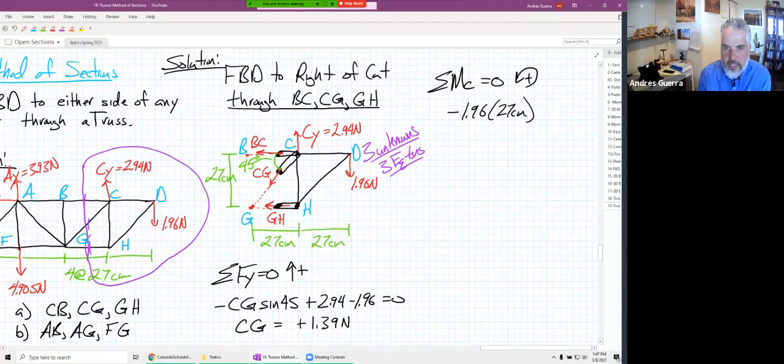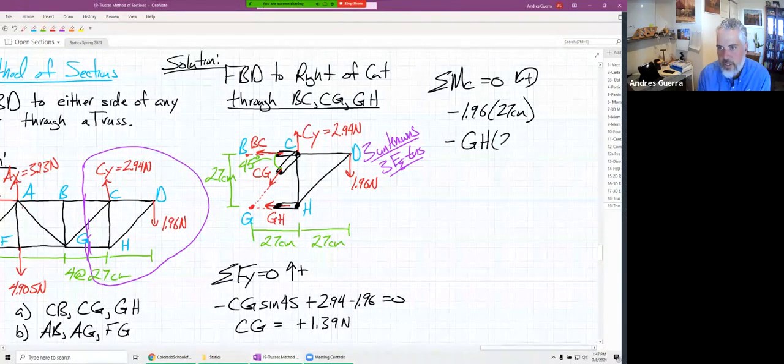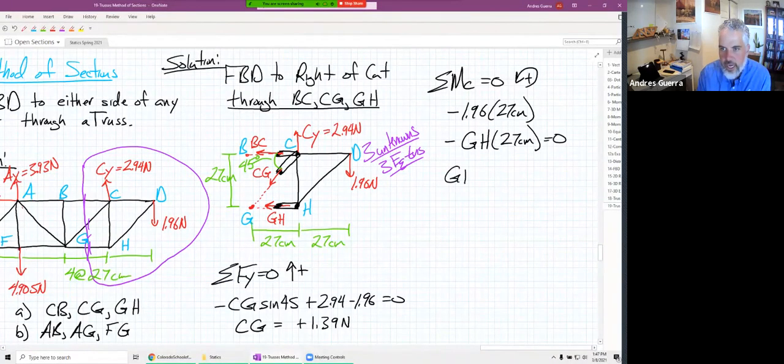CY doesn't cause a moment. All this stuff here at C doesn't cause a moment. It looks like GH is the only thing, and that is going to be minus GH times also 27 centimeters is equal to 0. So we're going to find that GH is equal to a minus 1.96 newtons.